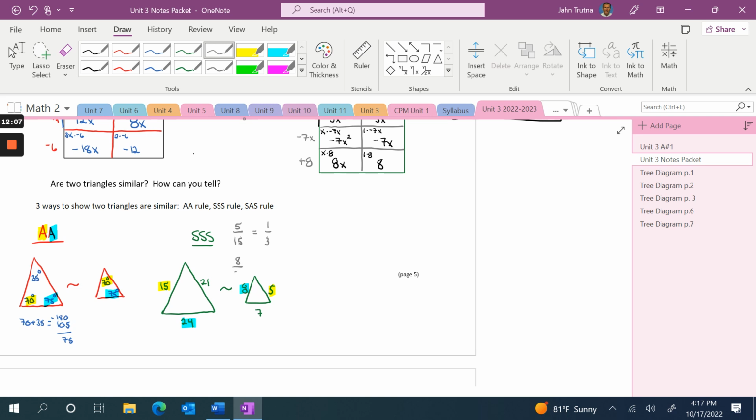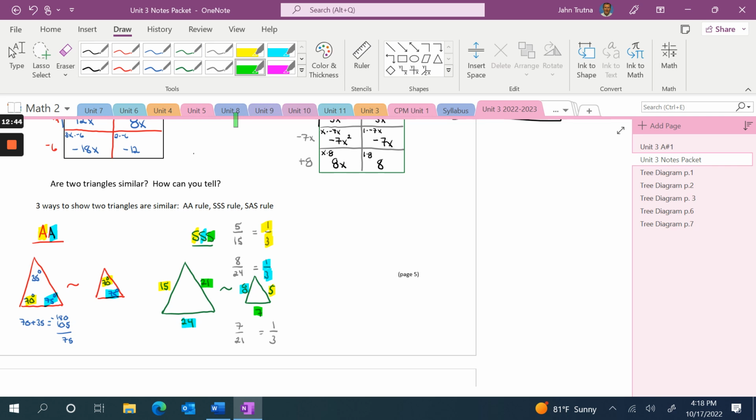That would give me a ratio of 8 over 24, which reduces down to 1/3.